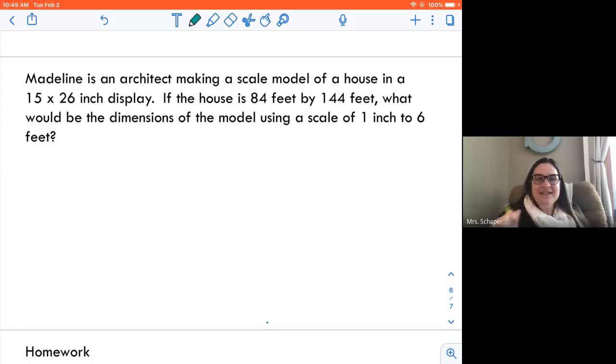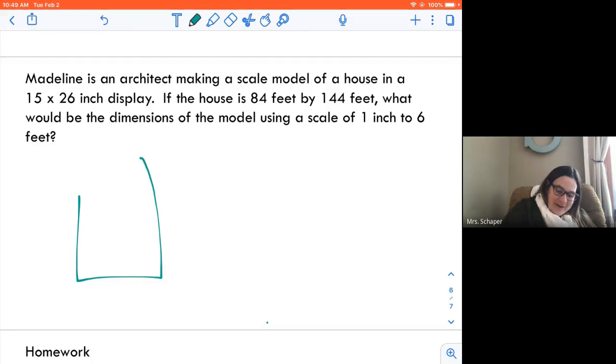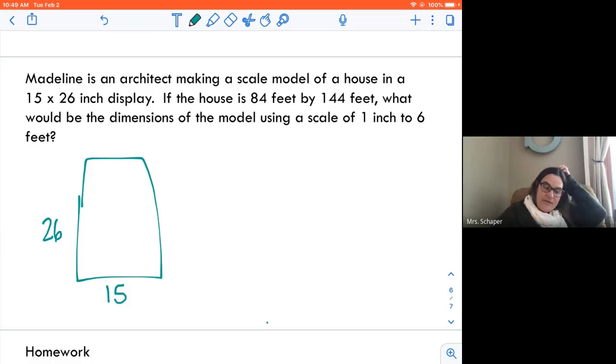Madeline is an architect making a scale model of a house in a 15 by 26 inch display. I'm going to draw this out. Sorry, Madeline's not here, but my other daughter was kind of laughing. So, a 15 by 26 inch display. If the house is 84 feet by 144 feet, what would be the dimensions of the model using a 1 inch to 6 feet scale?